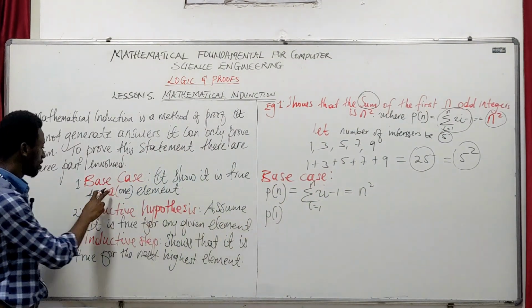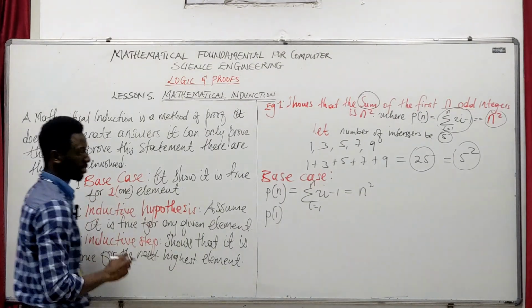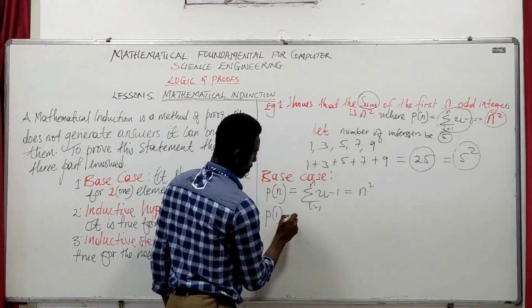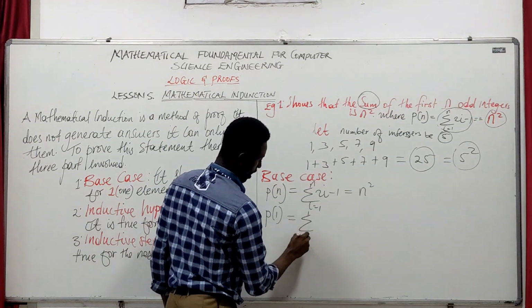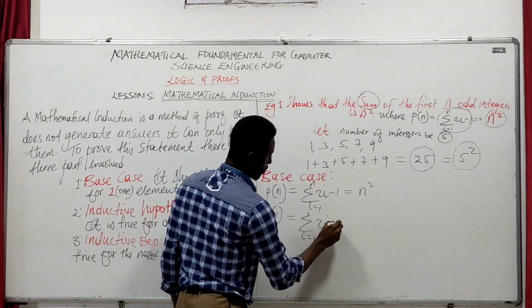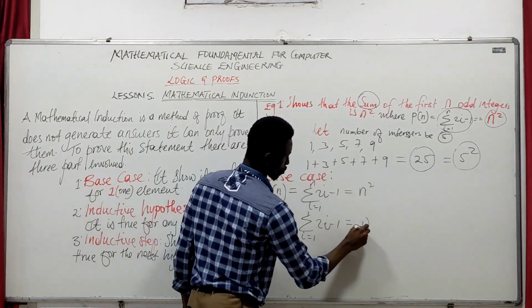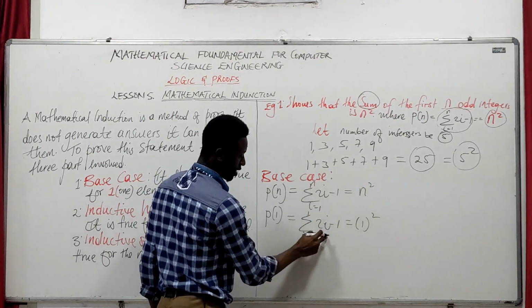According to this, it shows it's true for one element. So P of 1 will be the summation of 1 over I equals 1, 2I minus 1 equals 1 squared. Here I is equal to 1 again.